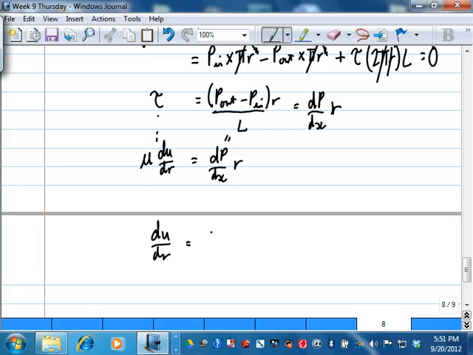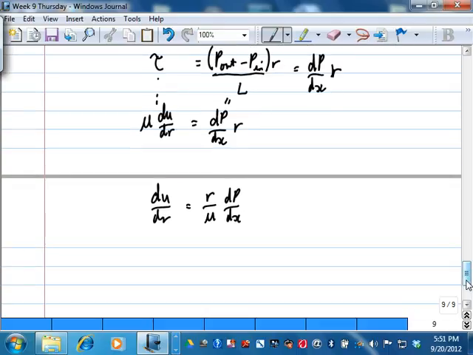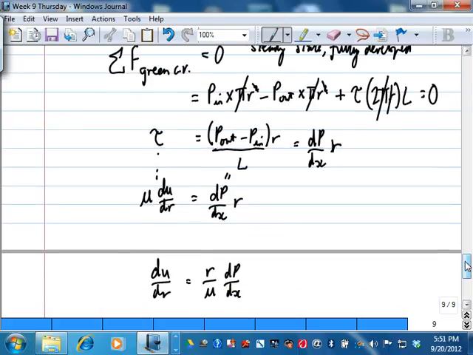Du dr equals R over 2 mu dP on dx. Oh, I lost the 2. The 2 should be here.